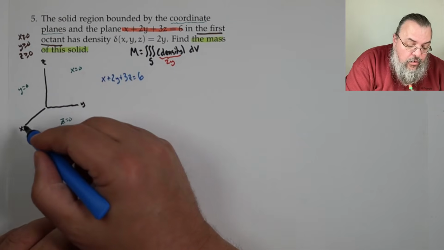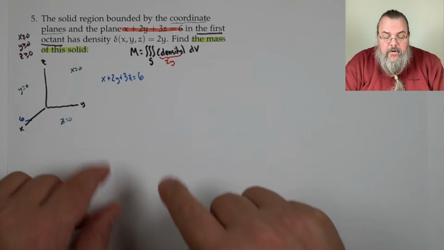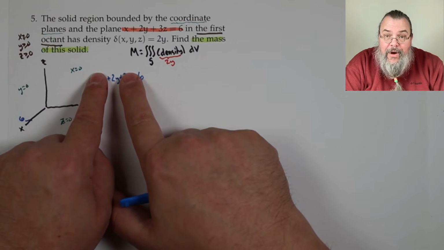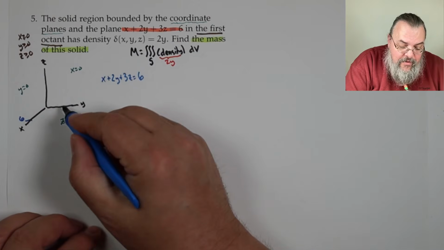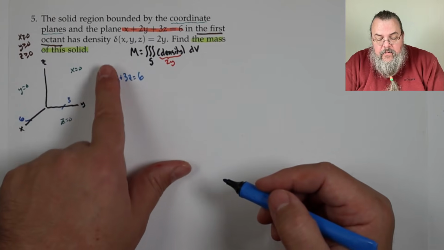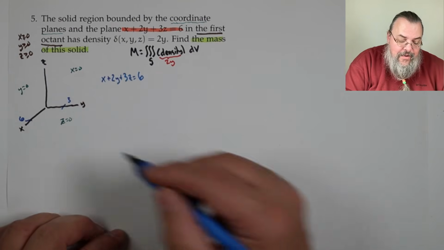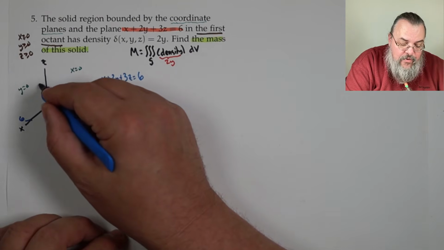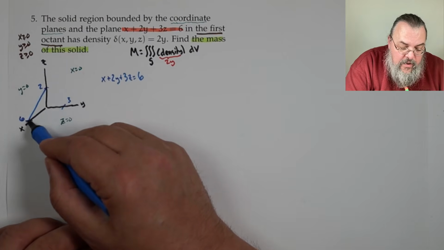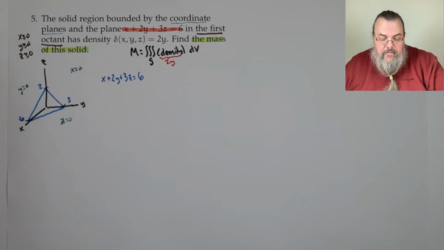If I want to know where I hit the y-axis, cover up the x and the z, 2y equals 6, so y should be at 3. And if I want to hit the z-axis, cover up x and y, 3z equals 6, and z equals 2. So we get that triangle, and that's the last piece.